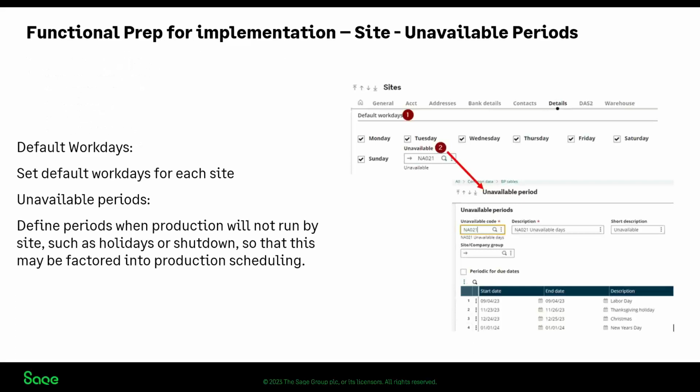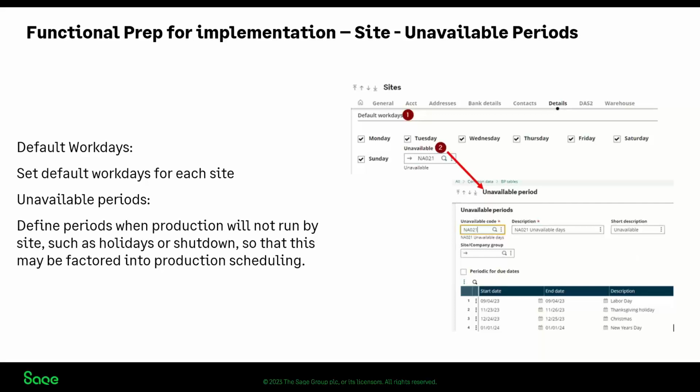So we're all familiar with our default work days and unavailable periods within our site setup, but these are critical pieces now for web scheduling. Of course, we're going to schedule based on our default work days, and where we always talk about unavailable period, at least I always spoke about unavailable period during the initial phases of the project, they rarely got updated and the matrix didn't get populated with those fields.